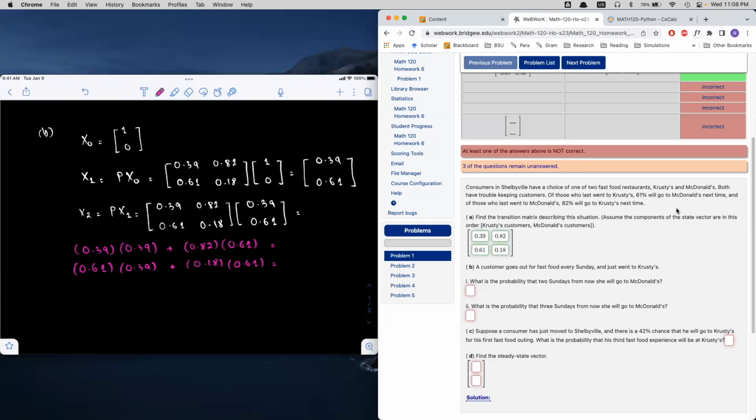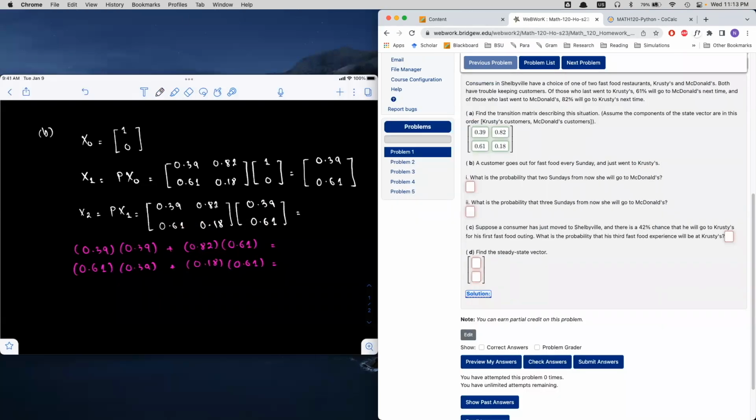Now if you do the calculations correctly, the first entry should be 0.6523, and the second entry should be 0.3477. Make sure these two numbers add up to 1.